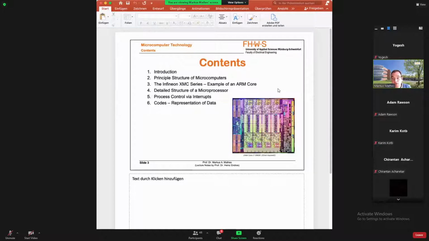That's very good because Heinz Endres, my colleague, during his time in industry, was an employee of Infineon, and therefore we can also use this material and we can cover this topic here. So you get a real detailed view into how to program ARM-based hardware. So you get an idea what statements you can give, how the statements are interpreted, and how to work with this instruction set.